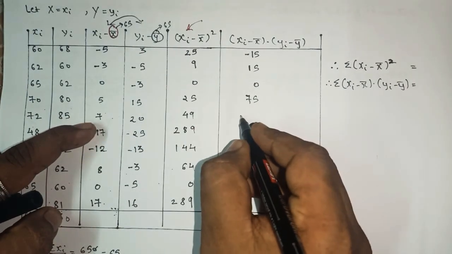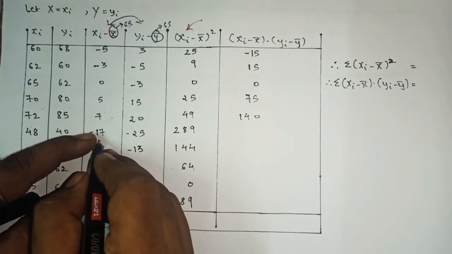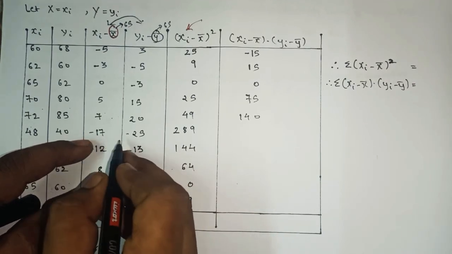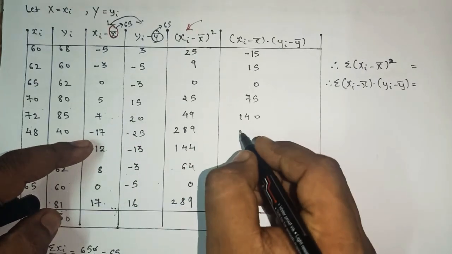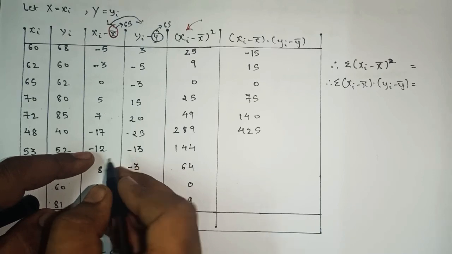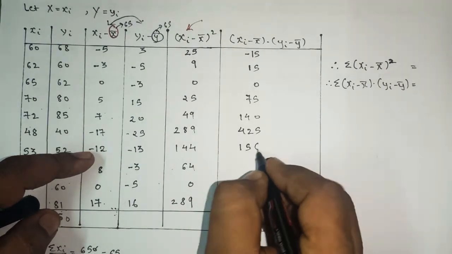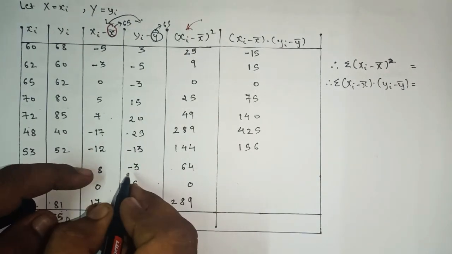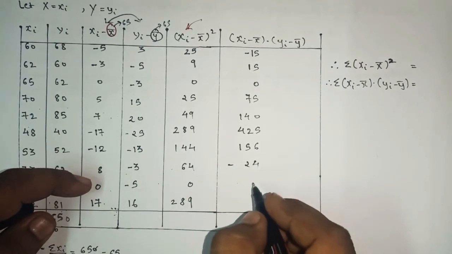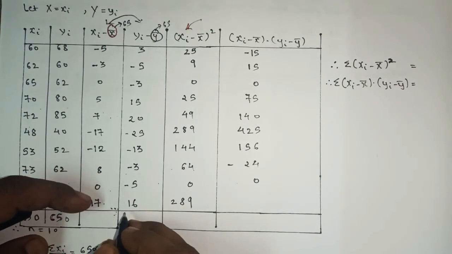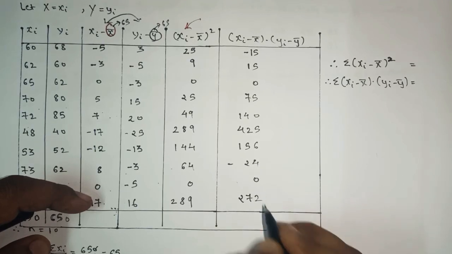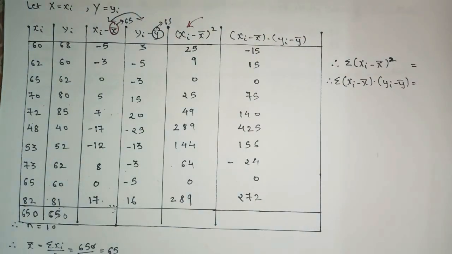This will be 140. 17 into 25, minus minus plus, is 425. 12 into 13, minus minus plus, is 156. 8 threes are 24, but here it is minus, so minus 24. 0 fives are 0. 17 sixteens are 272.